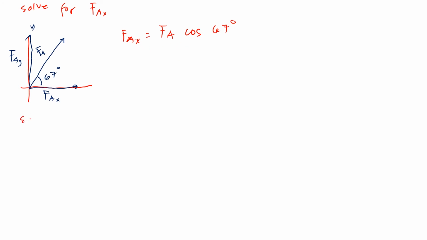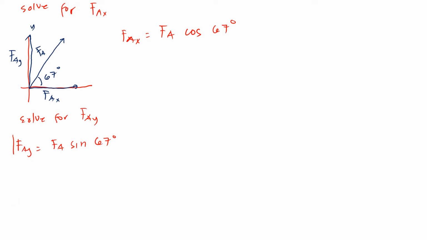To solve for F sub Ay, we're going to use the sine function. So F sub Ay is equal to F sub A sine of 67 degrees, which is the force of the wind in the y component.